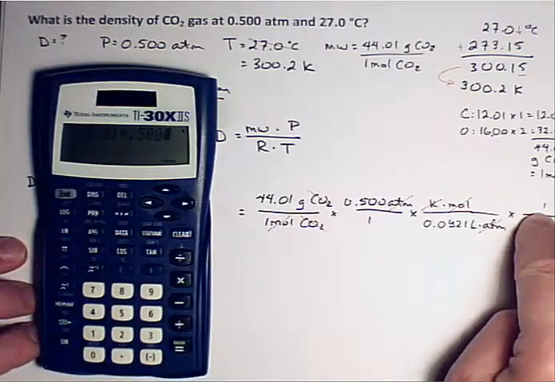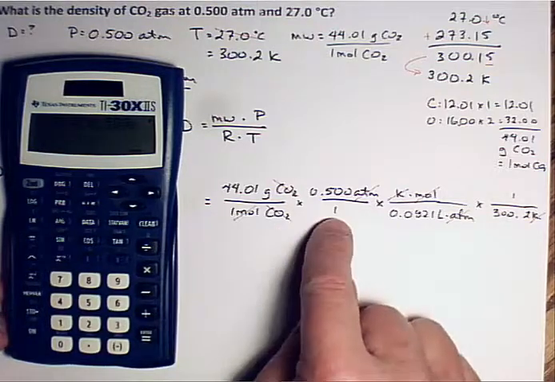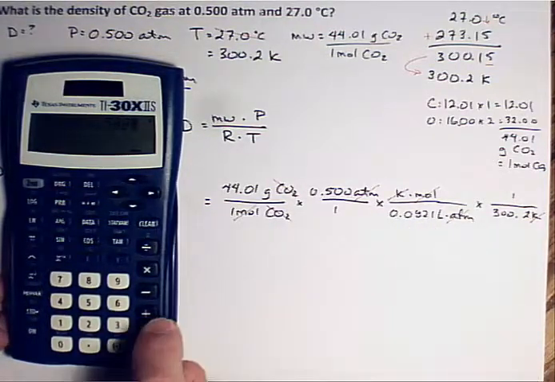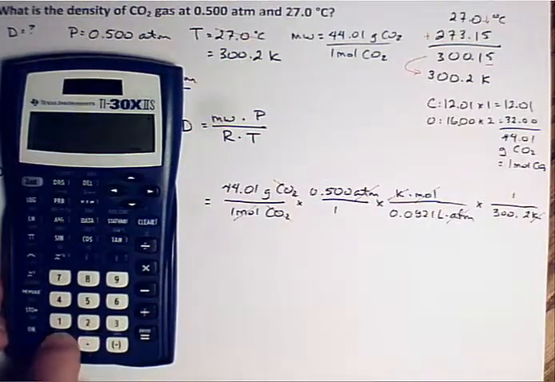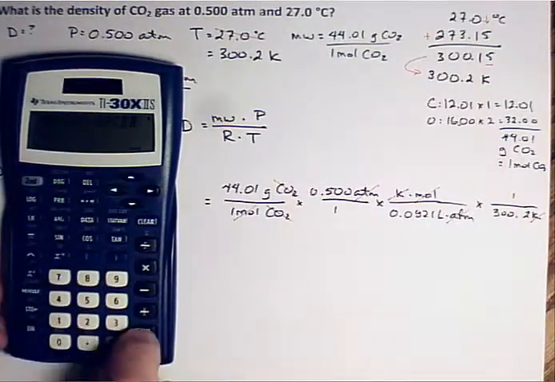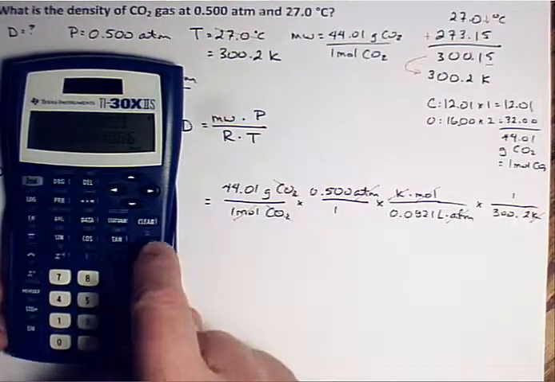Then times 1 just gives me the same thing, so I'm not going to multiply by 1. I'm going to hit equals first, and then divide by this number. Hit equals again before I also divide by this number.